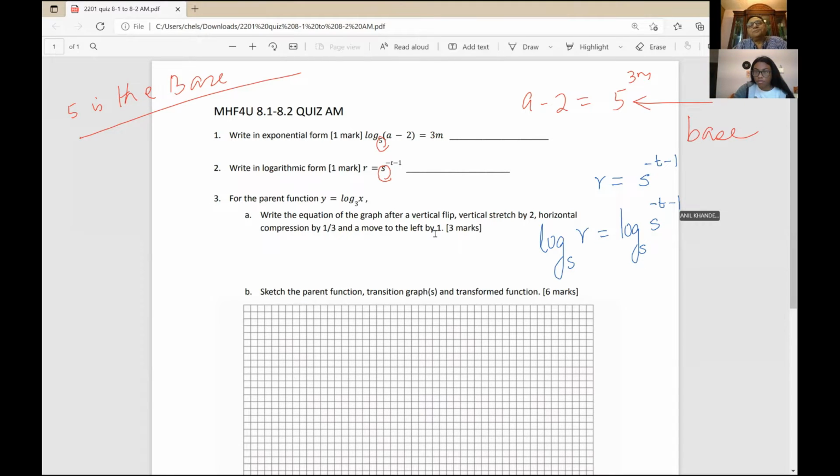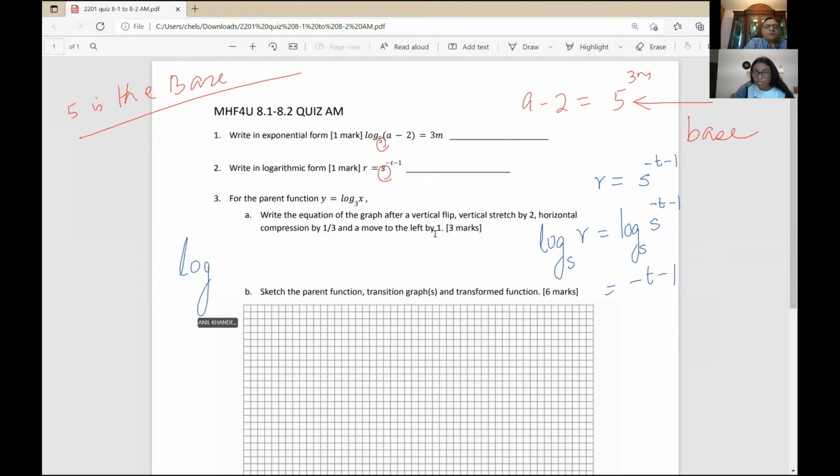This step is clear to you? Oh, okay, yeah. Now, the left side is log to the base s of r. So we have got the logarithmic form here, right? On the right-hand side, what is log to the base s of s to the power of minus t minus 1? It is only minus t minus 1. Do you see that? Yeah. So we get the logarithmic equation. Let me rewrite.